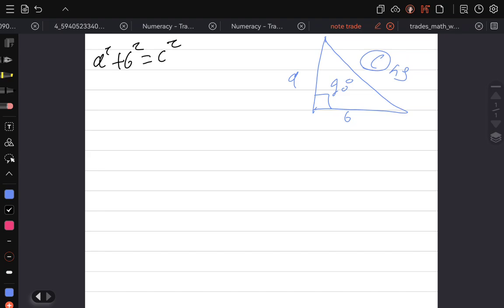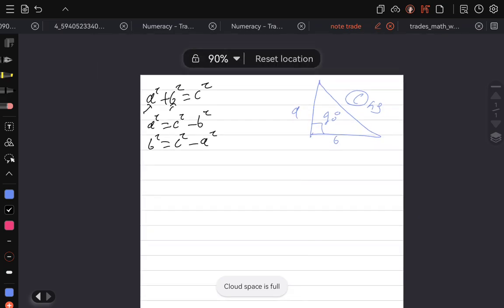And let's say that we want A. If we want A, we can just use C squared minus B squared. If we want B, it's C squared minus A squared.